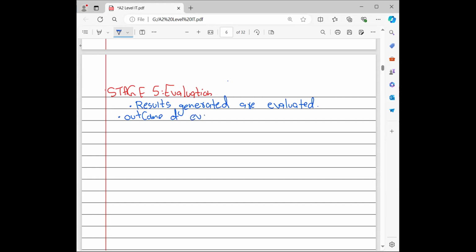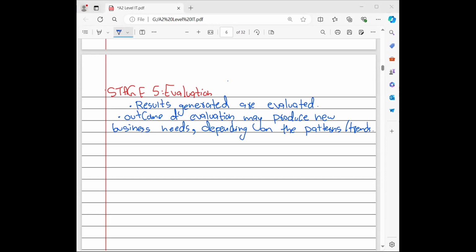The outcome of this evaluation may produce new business needs, depending on the patterns or trends that have been initiated into the process. So this is it for the fifth stage.